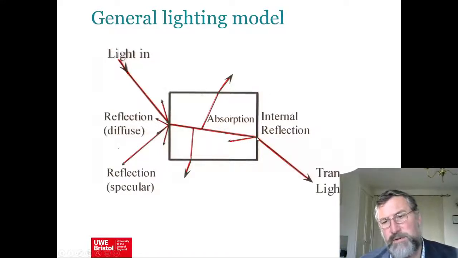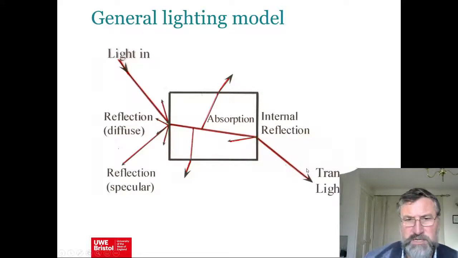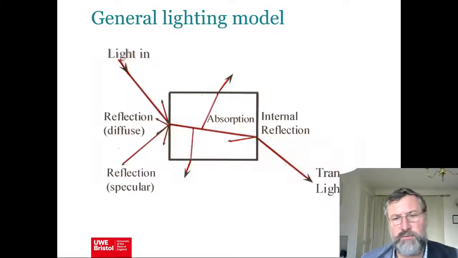But probably the majority of it will actually be transmitted. Again, refraction occurs when it passes through this boundary from the glass back into the air. It again speeds up, which, because it's going at an angle, leads to a refraction angle change with the transmitted light coming out of there. So that shows, from the physics point of view, the various interactions of light rays with objects that you can have.